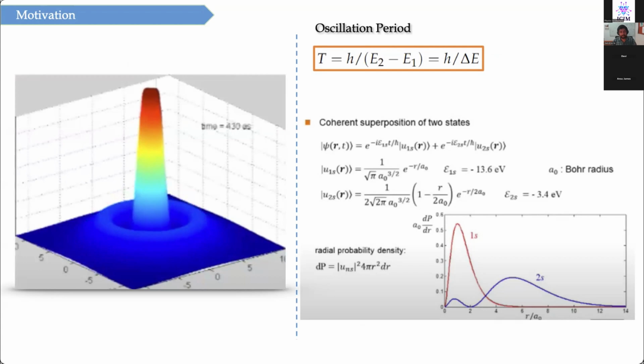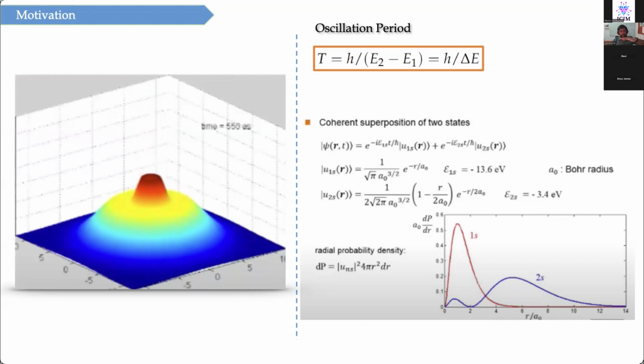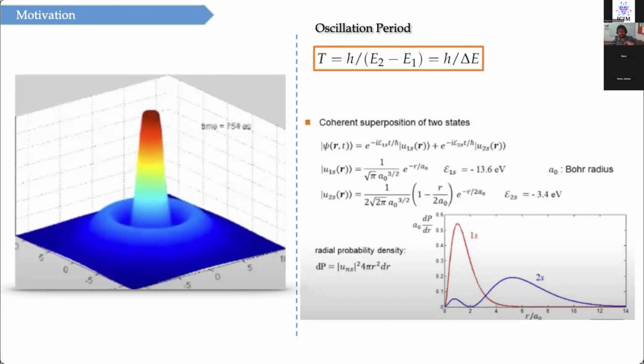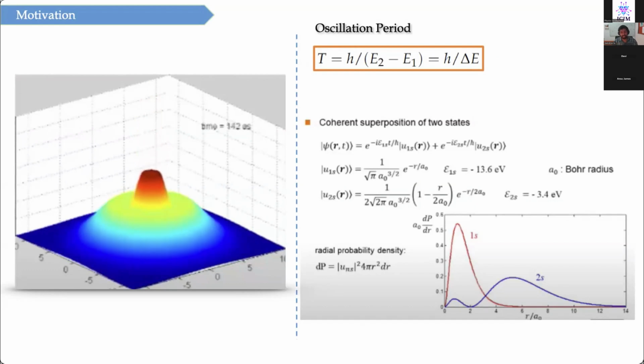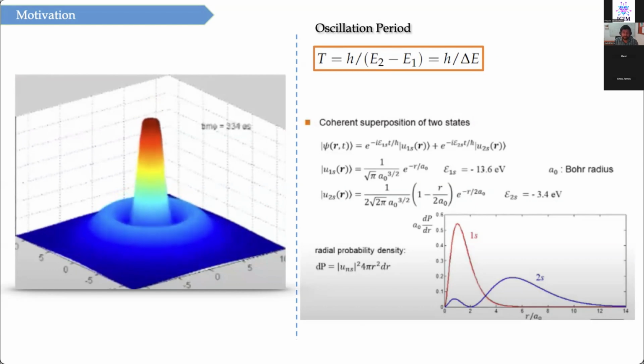Let's say you have a 1s level and a 2s level, and you hypothesize that there is a transition between 1s and 2s. You know the energy difference, because the hydrogen first orbital is 13.6 eV, and the second 2s orbital is 3.4 eV. The difference is around 10 eV.